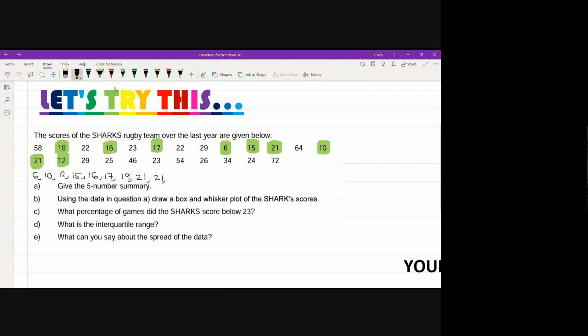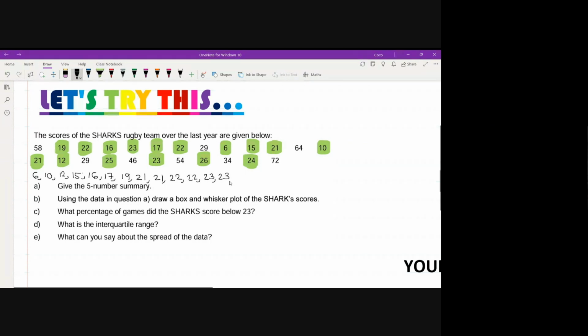Then we would go to 22, 22, 23, 23. So 2 of each, 22, 22, 23, 23. And then we would look for a 24. There's a 24, and then a 25, and then a 26.